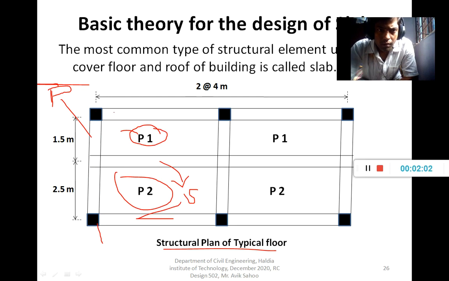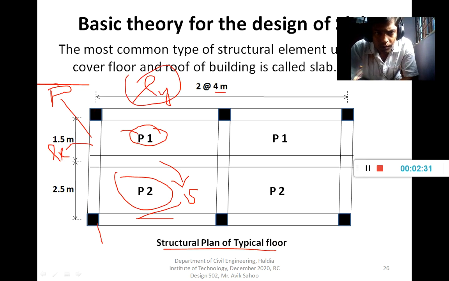The longer span is denoted by LY. So the longer span of panel 1, how much is it? That is 4 meter, and it is denoted by LY, and the shorter span is denoted by LX.